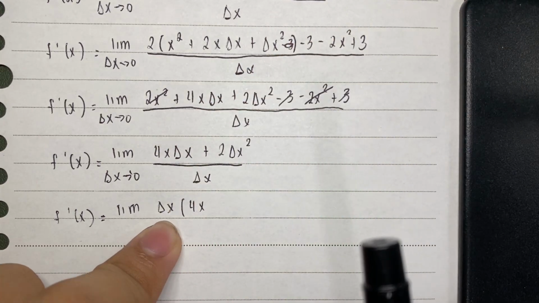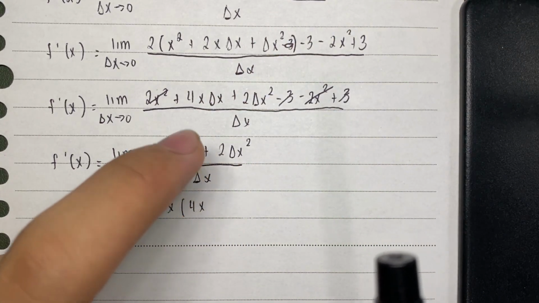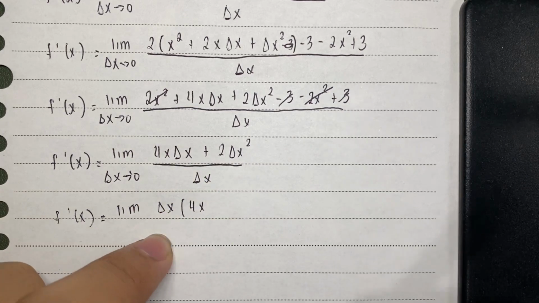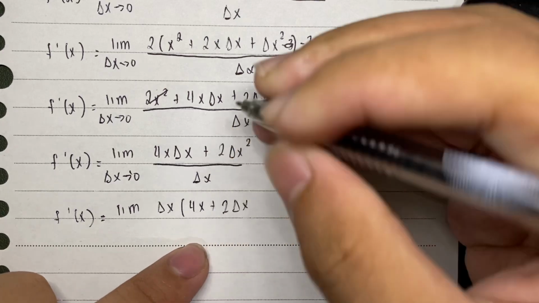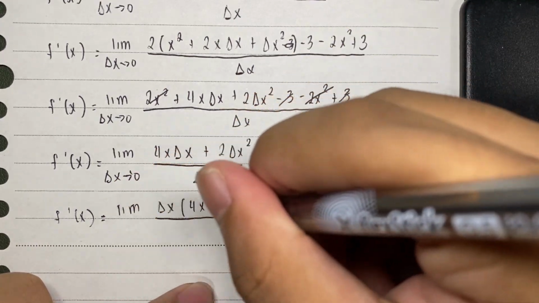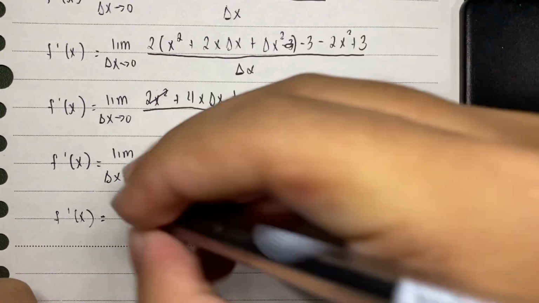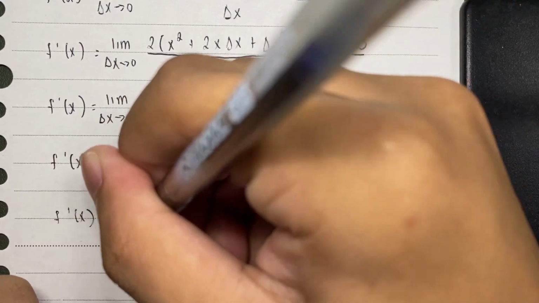Now 2 delta x squared divided by delta x is just 2 delta x, all over delta x as delta x approaches 0.